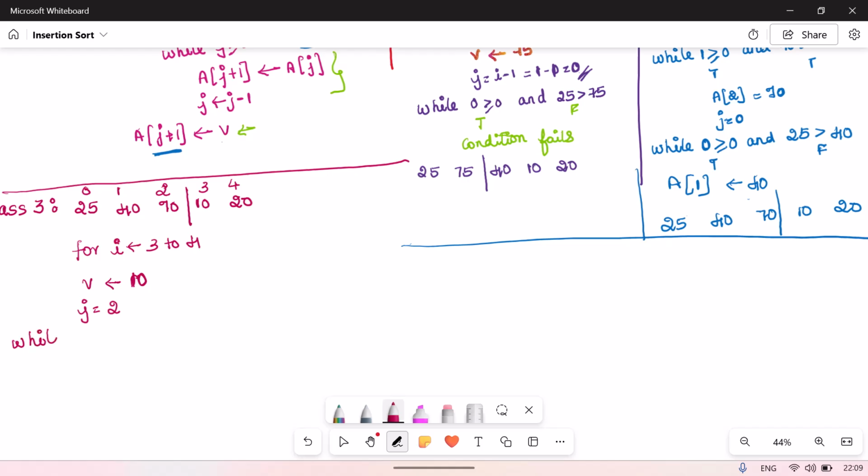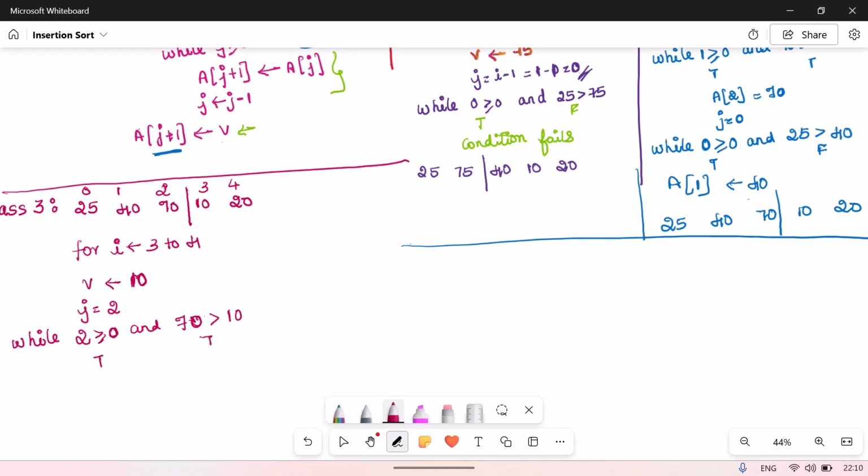Let us do the condition. While 2 greater than or equal to 0, j greater than or equal to 0, and a of j will be compared with V. a of j means a of 2, that is 70, will be compared with V. So this is also true.